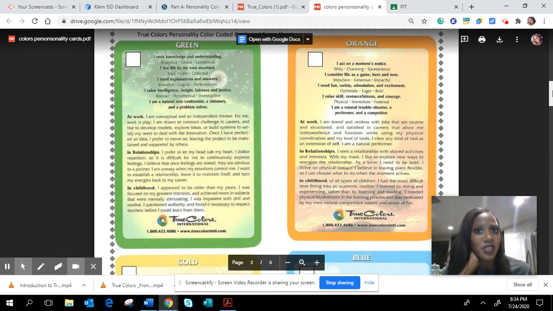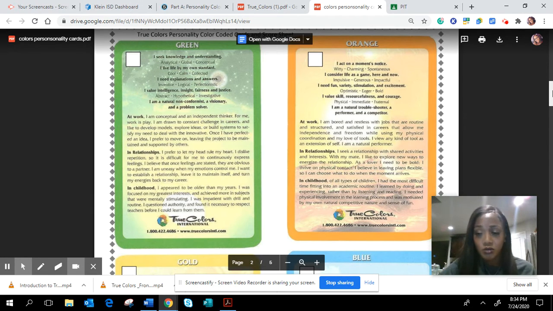So that's why it's important that you write down the value set that you choose for each one, because it's extremely important, especially when we are trying to figure out your calculations, which is going to determine what your dominant color is. So make sure that you are writing down everything.